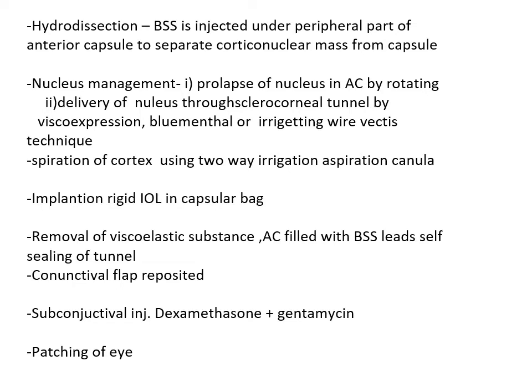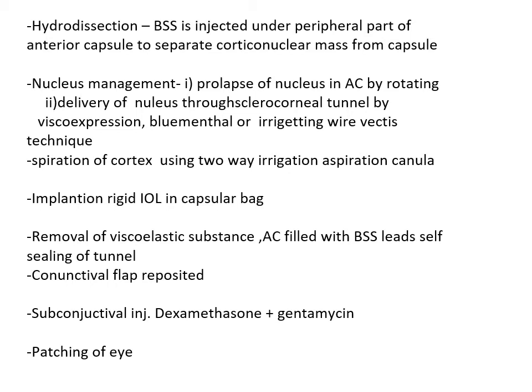Another is the Blumenthal technique, where an AC maintainer is used, which causes irrigation of the anterior chamber, and a plastic glide is used to guide the nucleus out through the tunnel. Then another technique is the irrigating wire vectis technique, where the vectis is connected to the irrigating fluid and the nucleus is engaged into the vectis and removed from the tunnel.